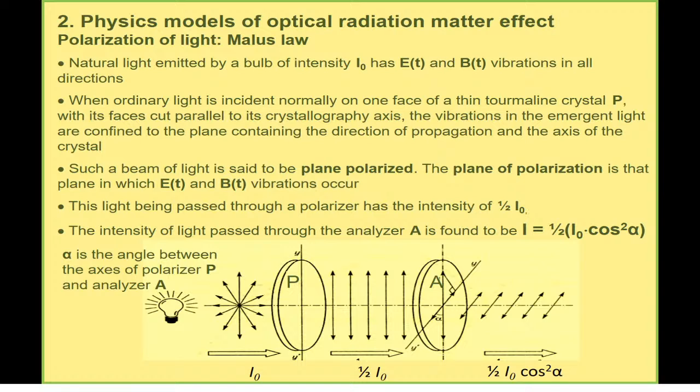Natural light emitted by a bulb of intensity has electric and magnetic field vibrations in all directions. When ordinary light is incident normally on one face of a thin crystal with its faces cut parallel to its crystallographic axis, the vibrations in the emergent light are confined to the plane containing the direction of propagation and the axis of the crystal.